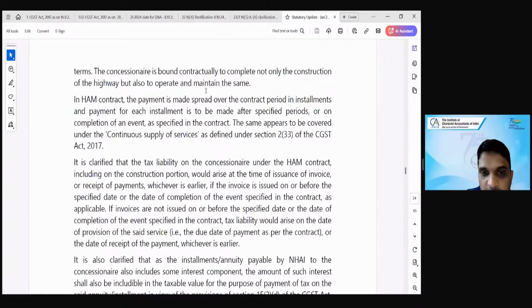Minimum 3 months period, correct? That is the definition of continuous supply of services.